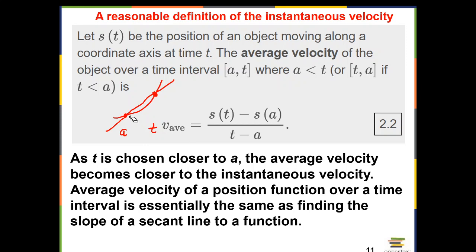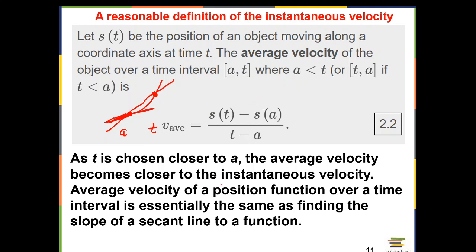The instantaneous rate at a is given by this expression, using algebra of course, where t is really close to a, either to the right of it or to the left of it, it doesn't matter. If you move t really close to a and draw the secant line, the slope of that secant line is an estimate for the instantaneous velocity at a.